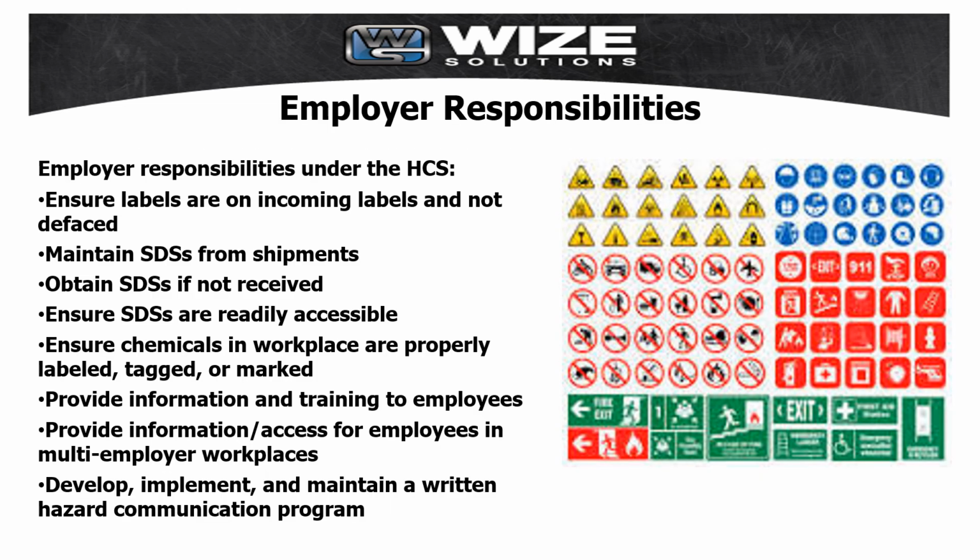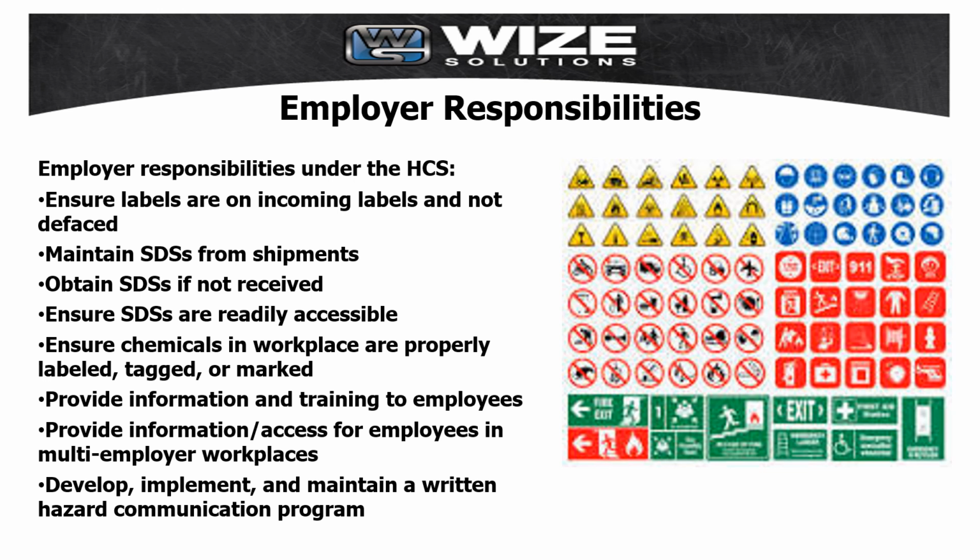In accordance with 29 CFR 1910.1200, employer responsibilities: Employers shall ensure that labels on incoming containers of hazardous chemicals are not removed or defaced. Maintain copies of SDS received with incoming shipments. Obtain SDS as soon as possible for chemicals received without an SDS if an employee requests the SDS.